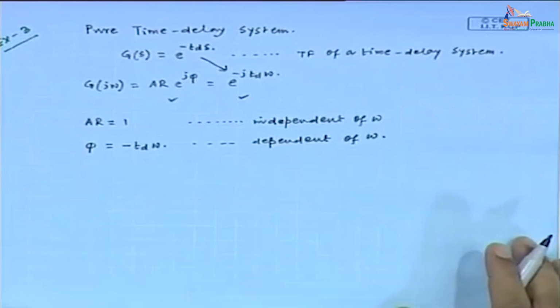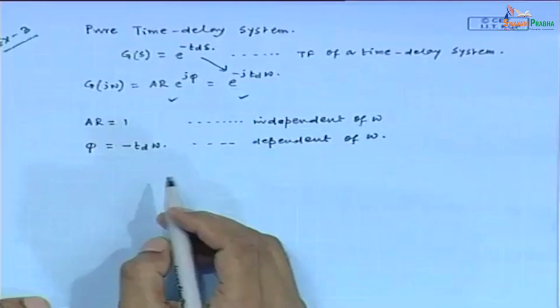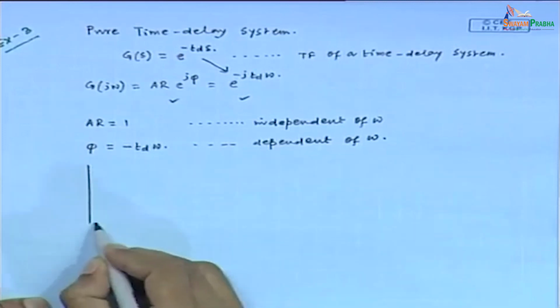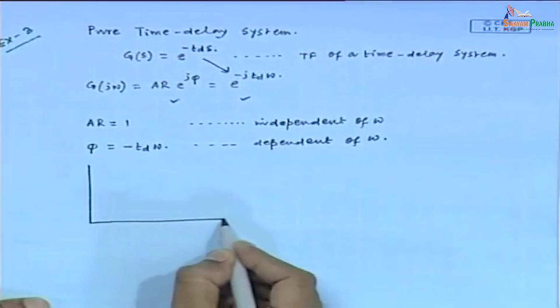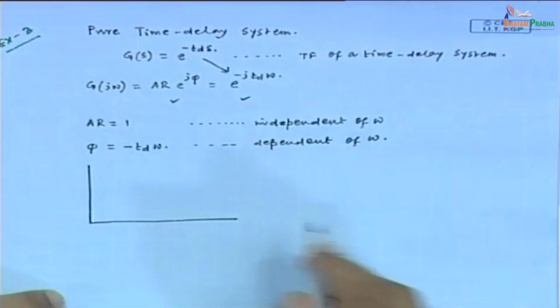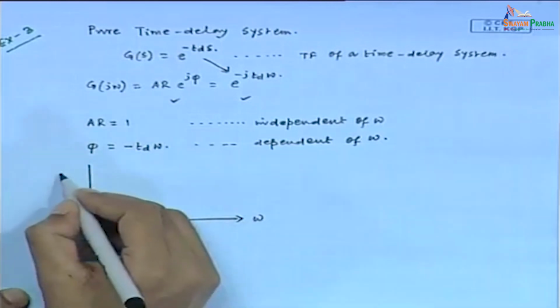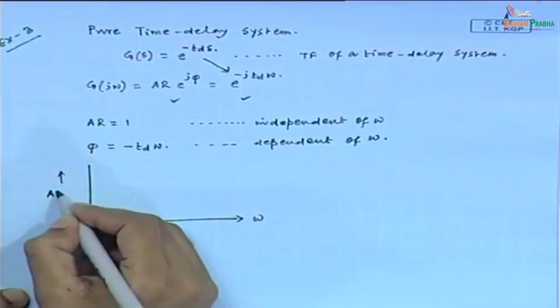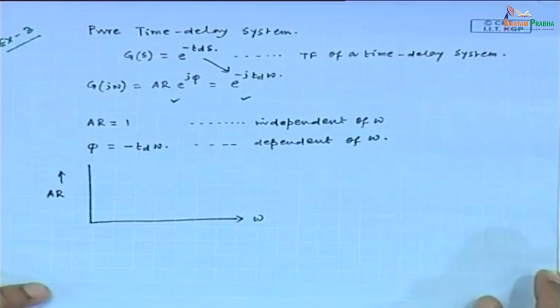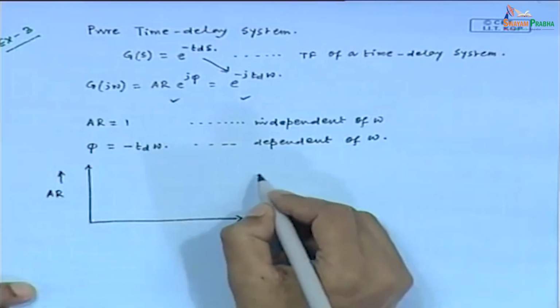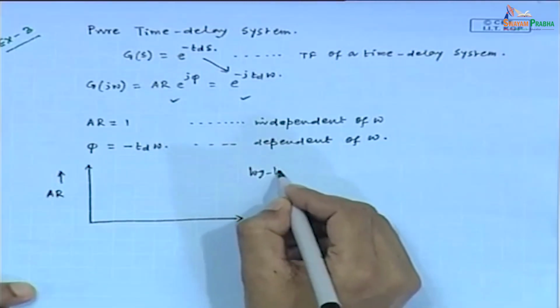Next, we will produce the Bode plot for this pure time delay system. This is omega and this is amplitude ratio. Here we are considering amplitude ratio because no scaling factor is there. This is log plot.